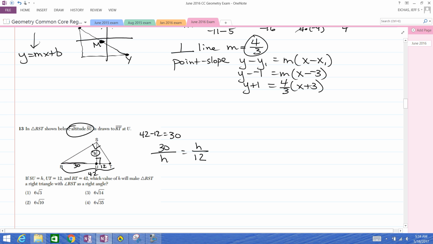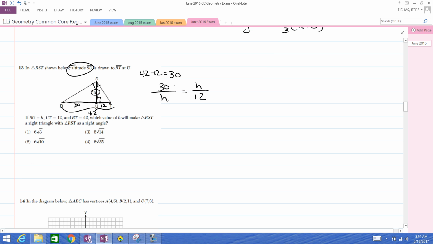The 30 is the bigger leg of the medium triangle, and the corresponding leg on the small triangle, the bigger leg, is H. Now, let's consider back to the medium triangle. That happens to also be the smaller leg of the medium triangle, and this is the smaller leg of the small triangle. So that's set up. That's the pairs of corresponding sides.